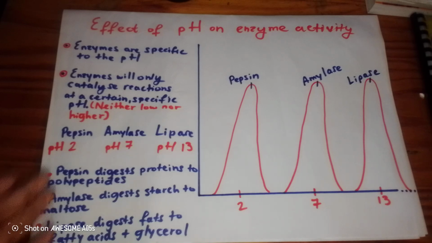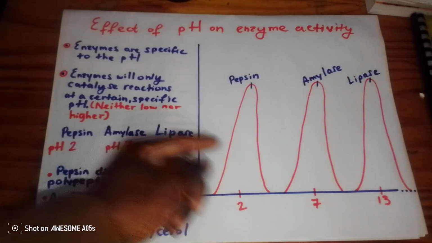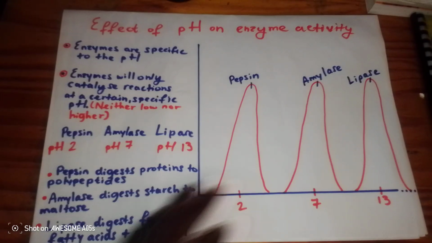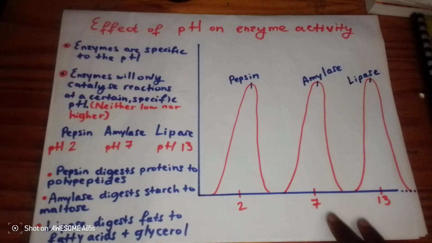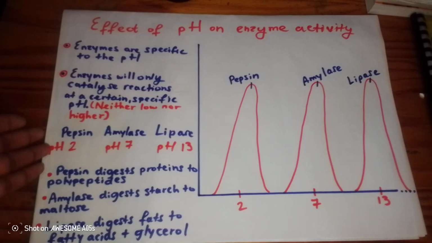For instance, pepsin: pH 2 is acidic. I'll have it written down here so you guys can see. pH 2 is acidic, pH 7 is neutral, and pH 13 is alkaline. So that means pepsin works best in acidic conditions. That's why any higher or lower pH level would not work for pepsin. The same goes for amylase. Amylase only works in neutral conditions.